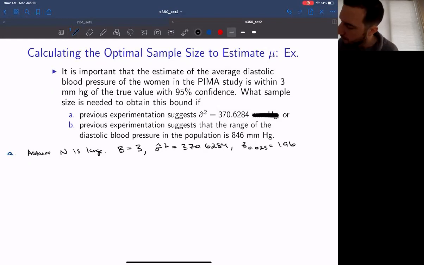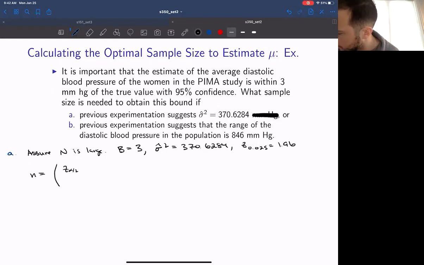So then little n is going to be equal to z alpha over 2 squared multiplied by sigma hat squared divided by B squared.